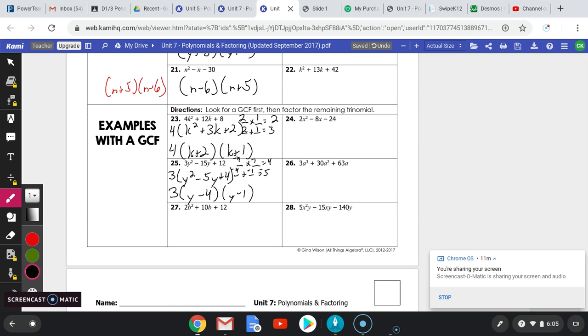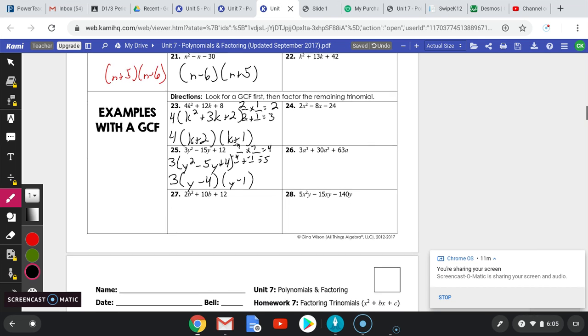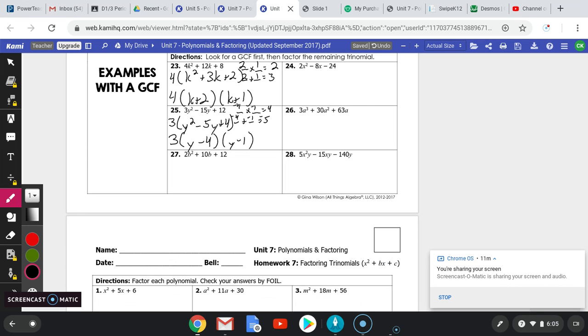And actually, the next one I want to look at here is number 28. You can do all these. So with number 28, is there a greatest common factor? And there is. The greatest common factor for the number portion at least is 5. And what about the variable? Well, there's an x in 2 of the 3 terms, so that doesn't work here. But there's a y in each one.